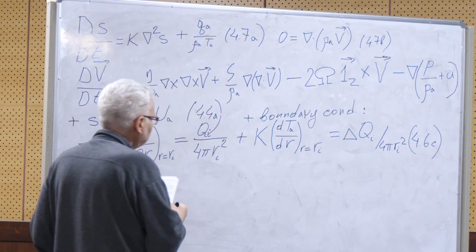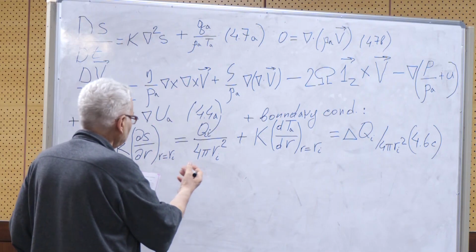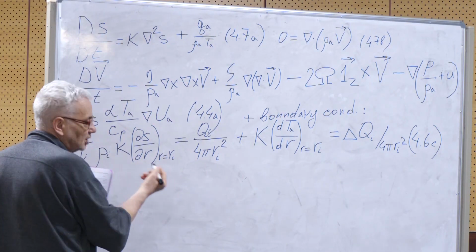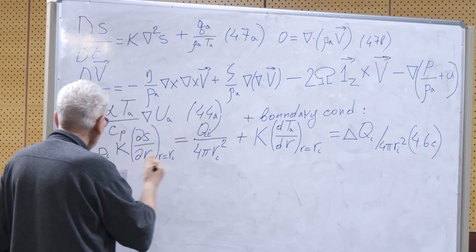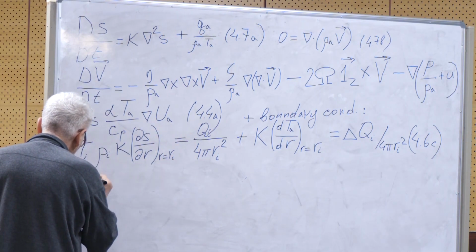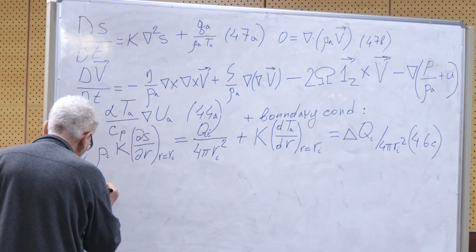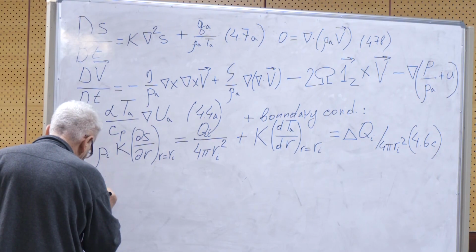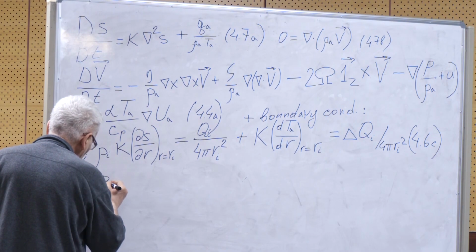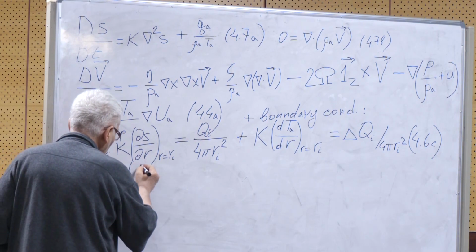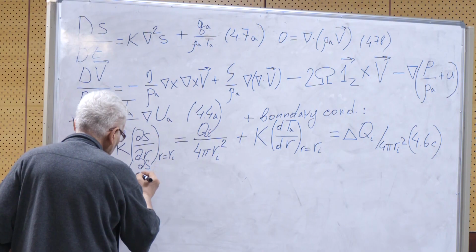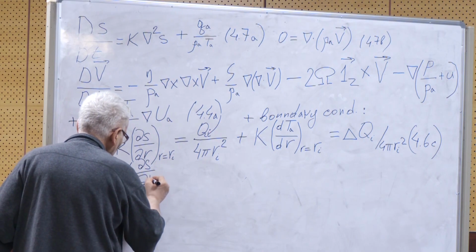Yes, of course, in an analogous way, we have similar boundary conditions, but on the outer boundary. So on the outer boundary, we write it like that. The outer rho outer K times dT/dR.